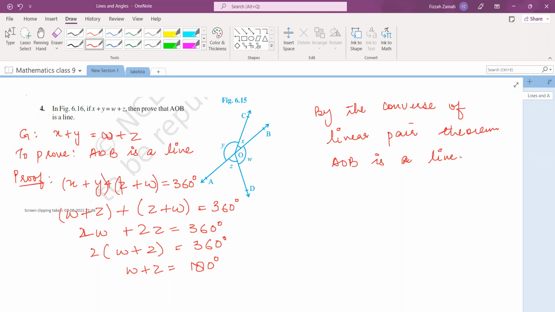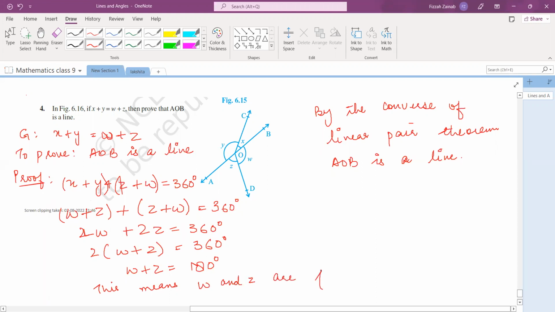Because the sum is 180 degrees, that means they are forming a linear pair. Or you can write here, this means w and z are forming a linear pair. Right? So by the converse of the linear pair theorem, AOB is a line.